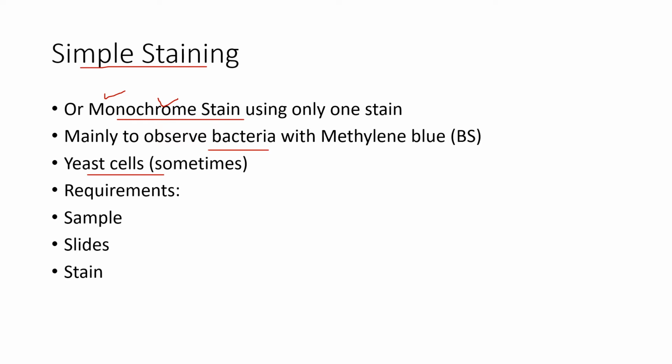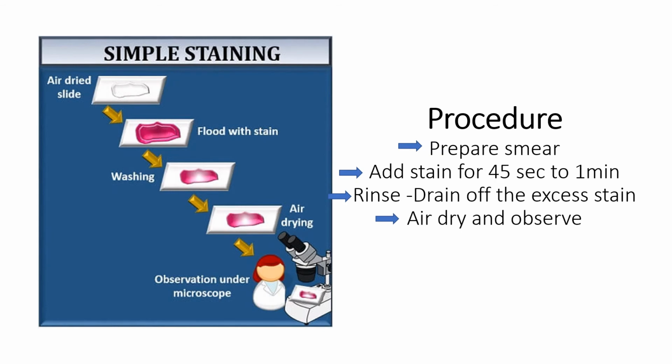The requirements for any simple staining are a sample, slides and stain, and that's all you need. I want you to look at the procedure. First of all, you prepare a smear, which involves air drying and fixing, which we have already discussed in the previous slides and videos. Then you flood the slide with stain for 45 seconds to 1 minute, depending on the type of stain you're using.